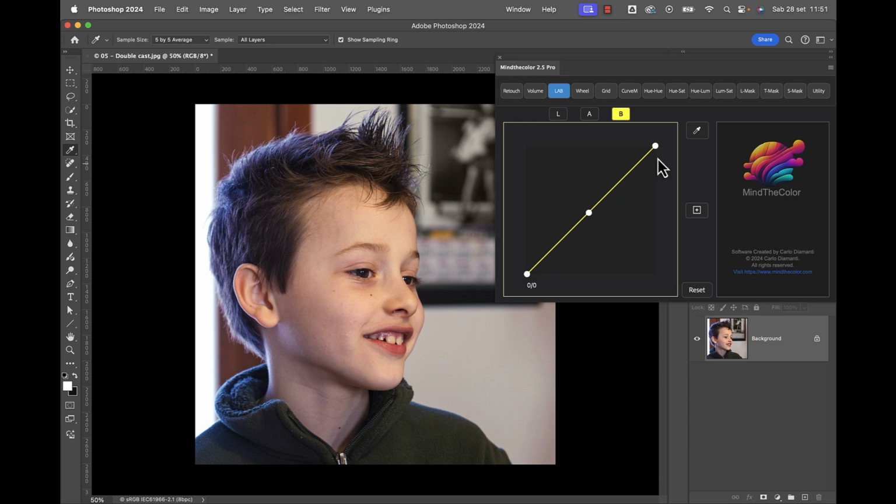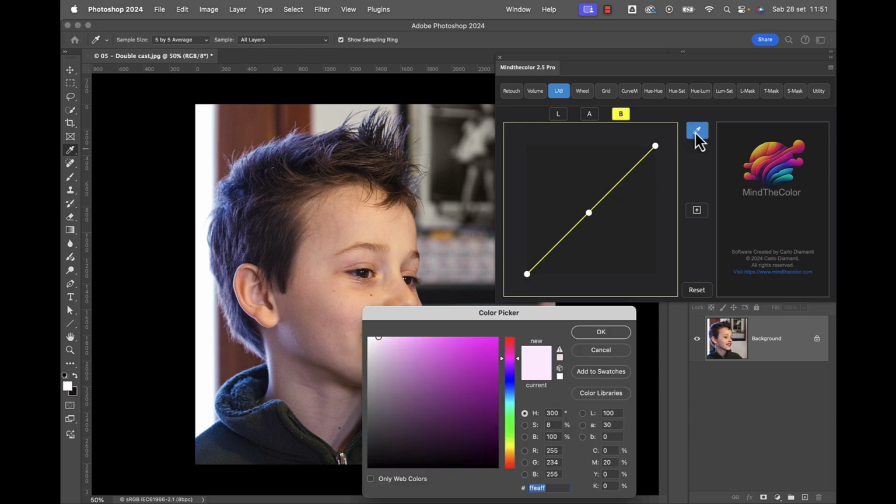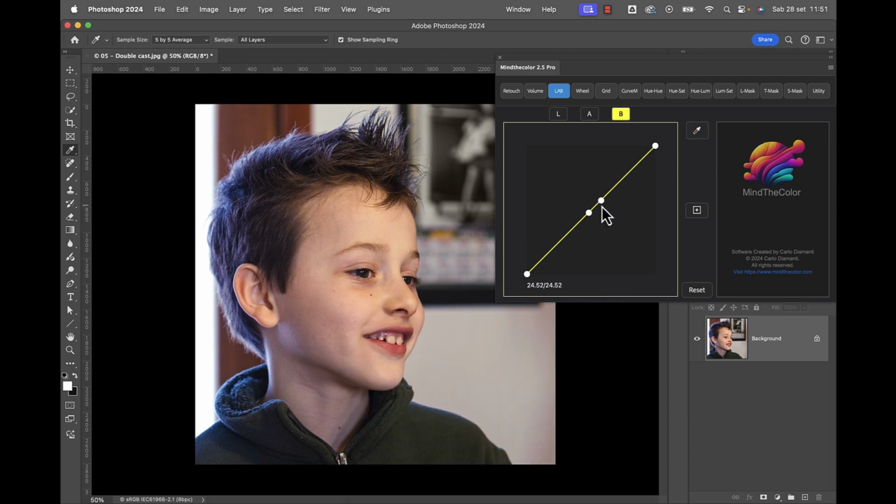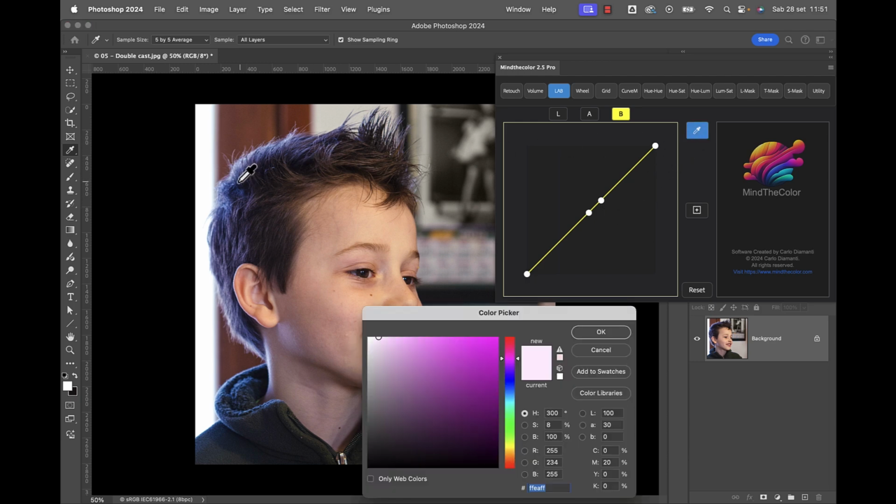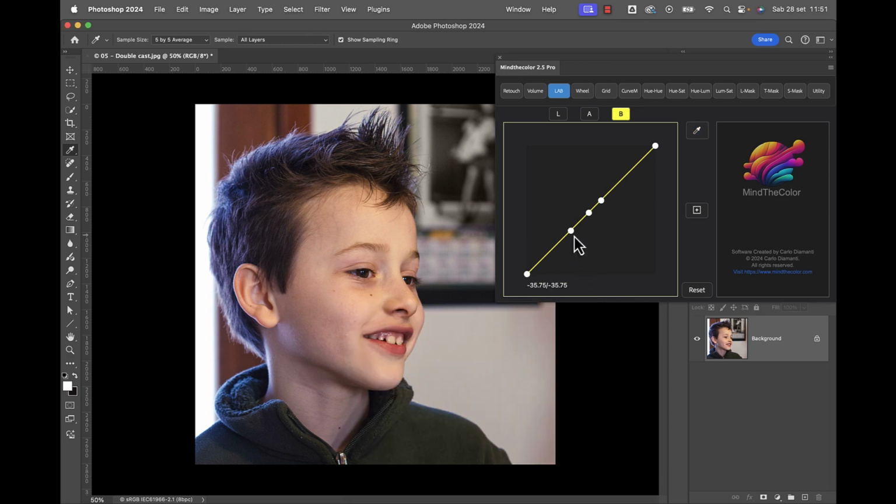The skin tone contains a yellow component, so it's easy to imagine what will happen if I sample it. The corresponding point is created above the previous one in the curve. On the contrary, the blue cast should create a point below. Let's see. This is exactly what happens.